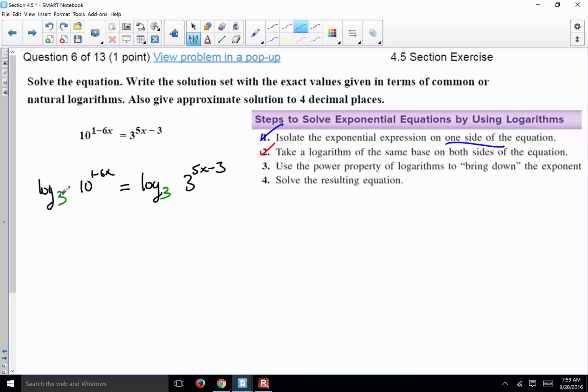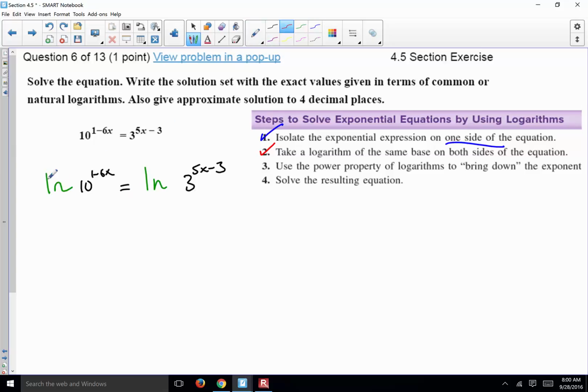If you go with this option, you're gonna prolong your solution unnecessarily. So avoid using bases other than 10 or ln. So I will go with ln because it looks like everybody likes natural log better, not base 10. So I'll put ln and ln on both sides.